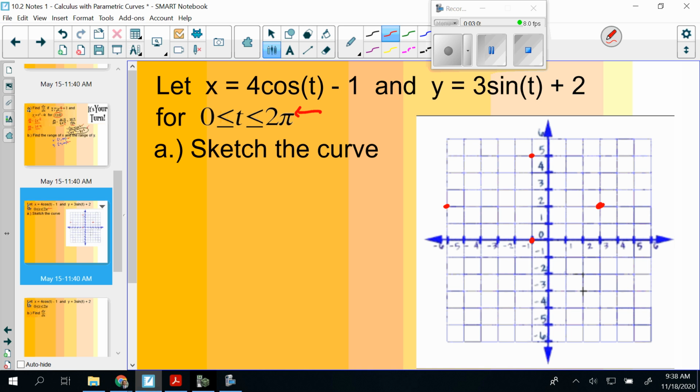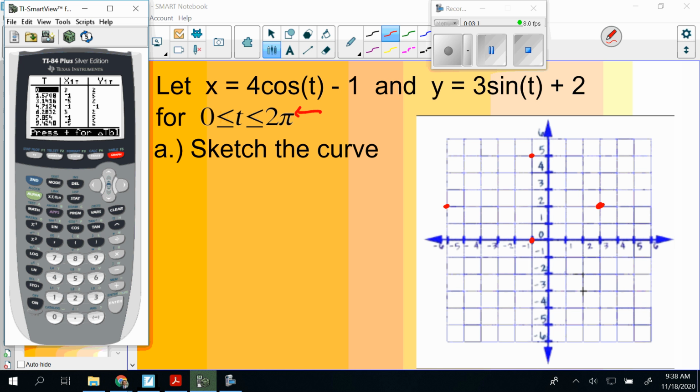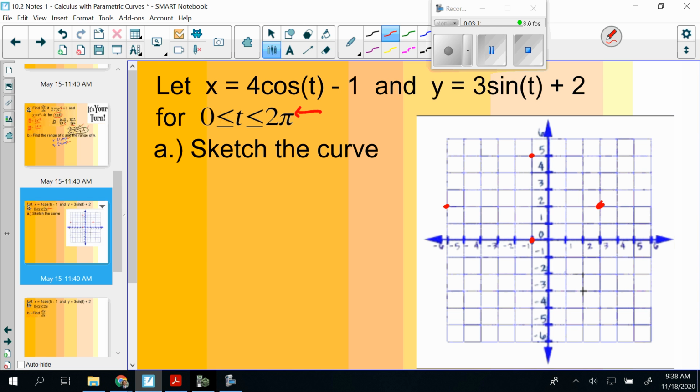And then at 2 pi, it's back to 3, 2. So we've made a full loop around this ellipse here. So here's our graph. And remember, with parametrics, you want to show the direction it's moving here. So not the best drawn ellipse there, but that's what we're graphing.